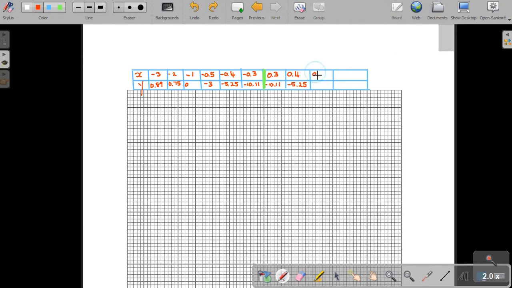And this is 0.5 and -3. And this is 1 and 0. And I can even draw a line there. And this is 2 and 0.75. And this is 3 and 0.89. And then I just draw the lines.